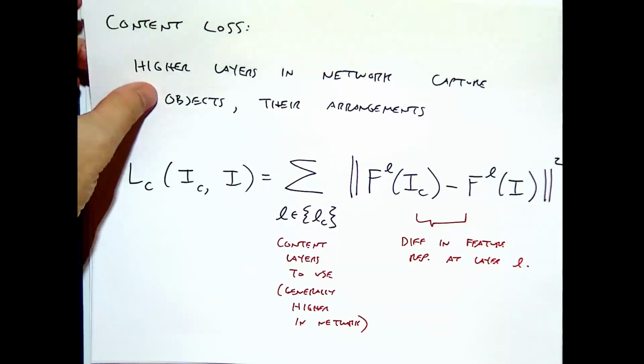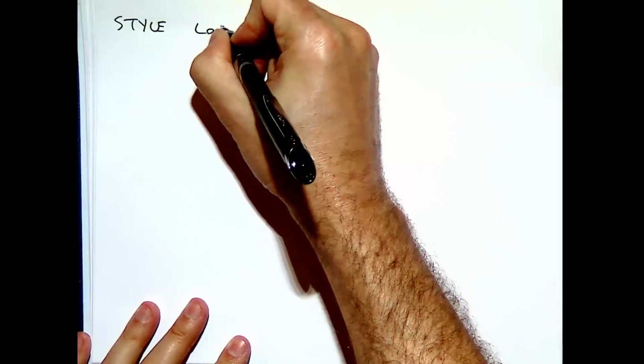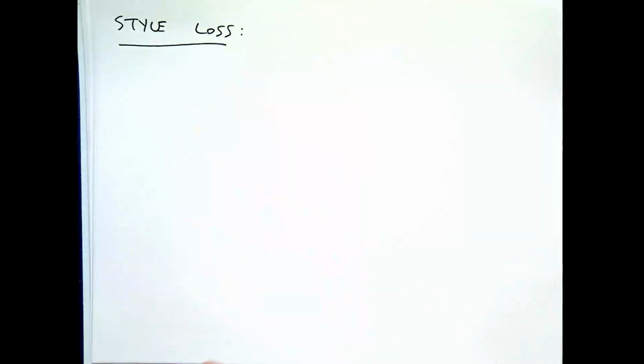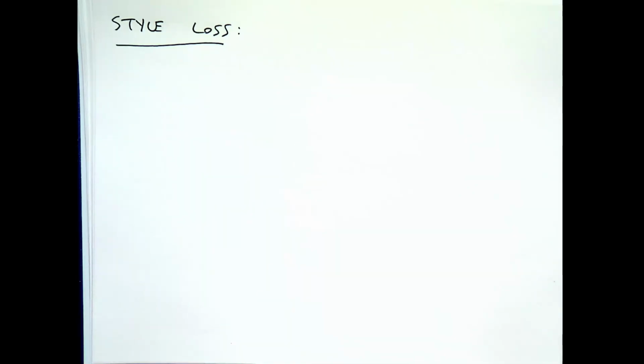So one observation of the paper that, again, was a key thing that moved the field forward was the idea of what should be the style loss. The style loss is basically, instead of trying to match features exactly, the observation was to try to get correlations in the feature maps to be similar, right?